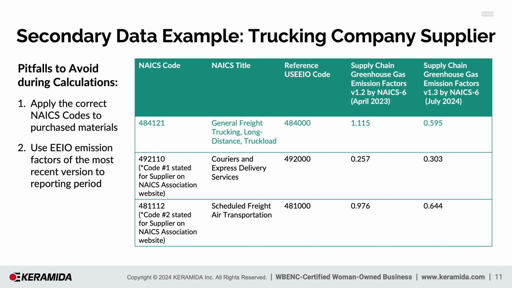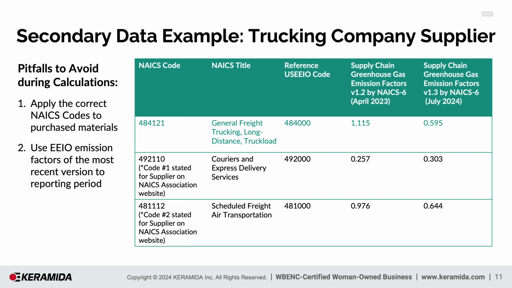They are your supplier to move all of your goods that you're gathering from your suppliers to your warehouse, to your manufacturing site, and maybe they're doing the external transportation and distribution after your manufacturing site as well. So you need to calculate emissions from the total spend that you spent with this trucking company for the reporting period 2023.